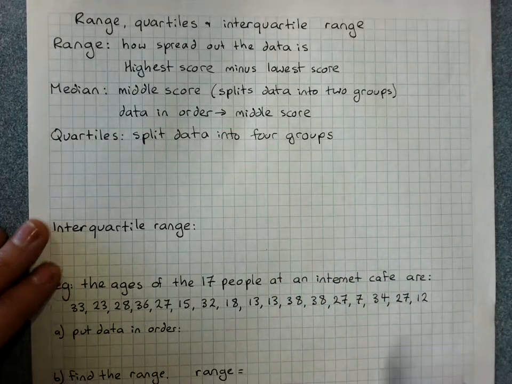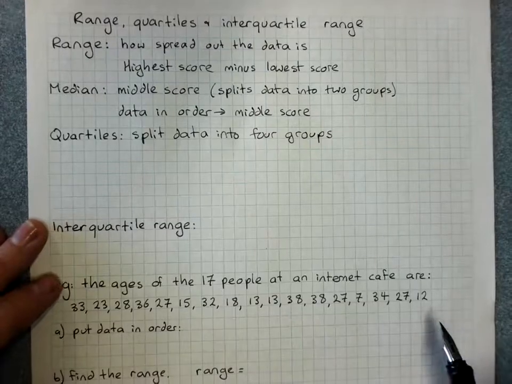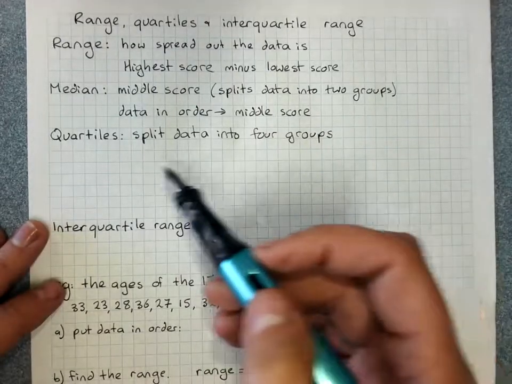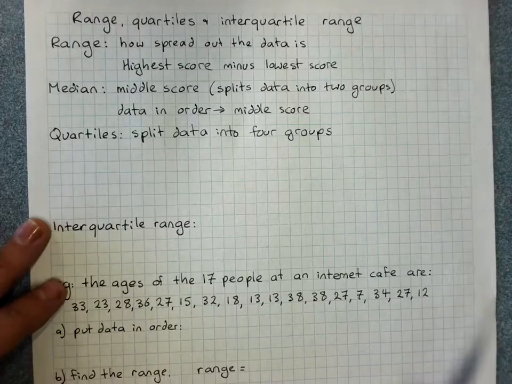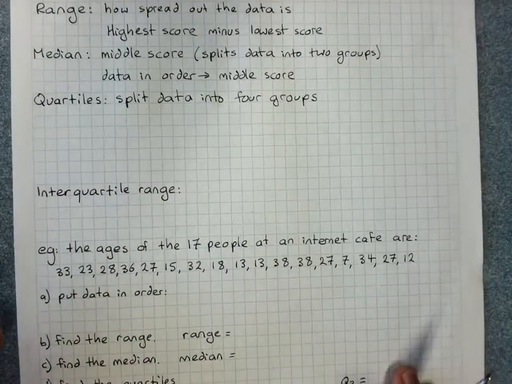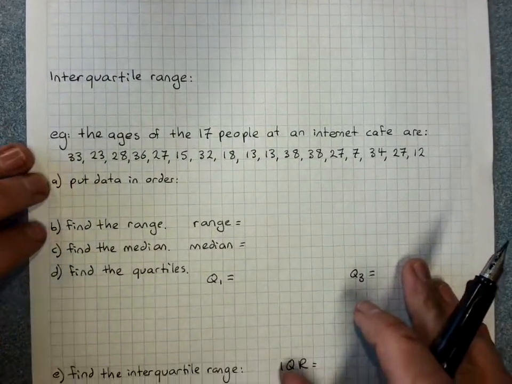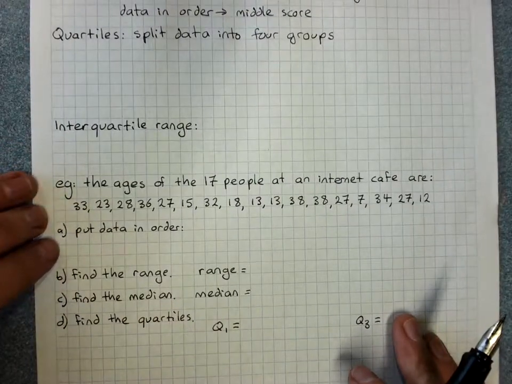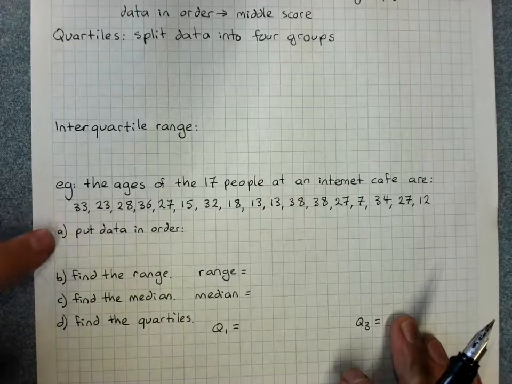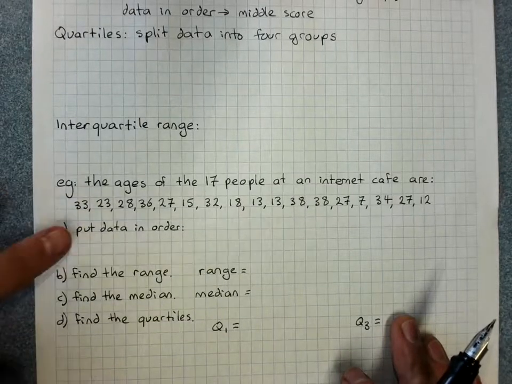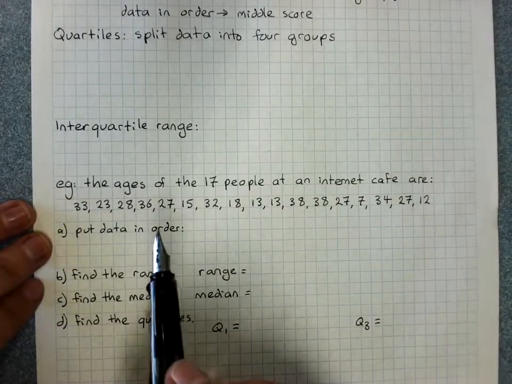And what I might do is I'll actually show you how to find the quartiles, and then we'll put in the steps and how to get the interquartile range, because it's a bit tricky, but we'll work through it. So when we're finding the quartiles, we have to start by finding the median. So we have to start by putting the data in order, from smallest to largest.